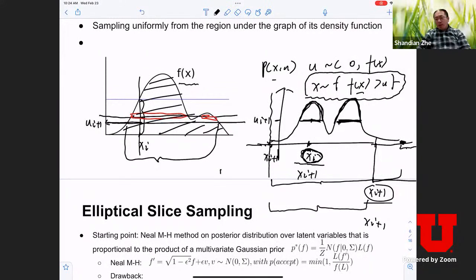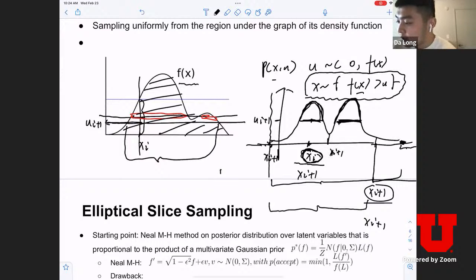Like the right sample xi plus 1, the rightmost sample you just drew, you don't know if a valid sample should appear on the left or on the right. It is possible that you have a third peak, a third mode, to the right of xi plus 1, right? Oh, yeah. So in this way it's possible that you discard the valid region. For example, if the xi plus 1 is here, and you need to discard all of those.